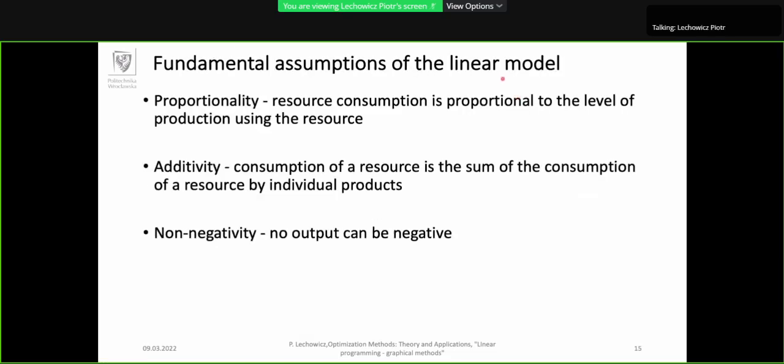And as I already mentioned, these are the fundamental properties of the linear model.